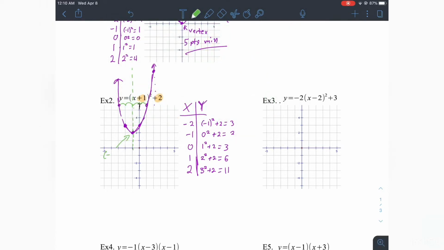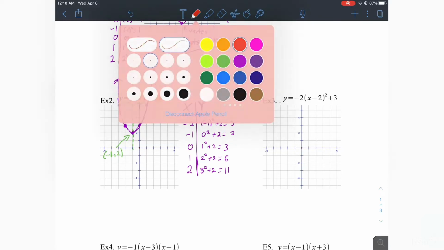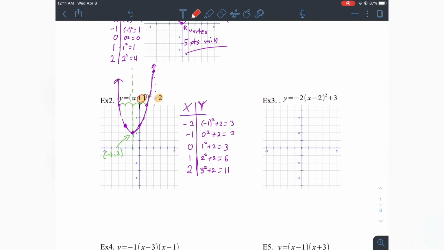This vertex is at -1, 2. Okay, notice that this number plus 1, it's the opposite of that. And this number, it's the same. And this is true for all parabolas.